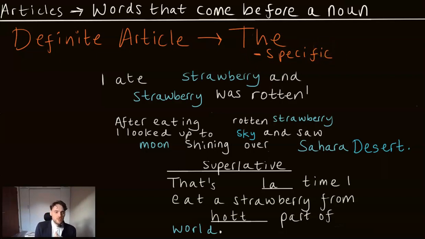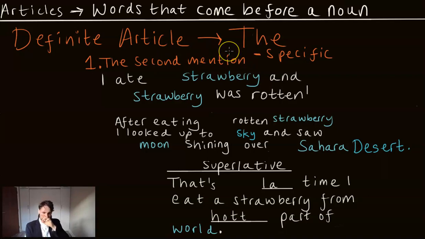Okay, so the first rule for the is what I like to call the second mention. So, I was at the supermarket and I ate a strawberry. I ate a strawberry and the strawberry was rotten. Why?